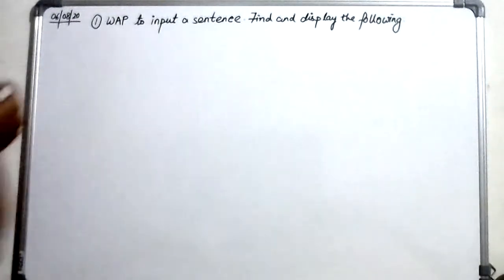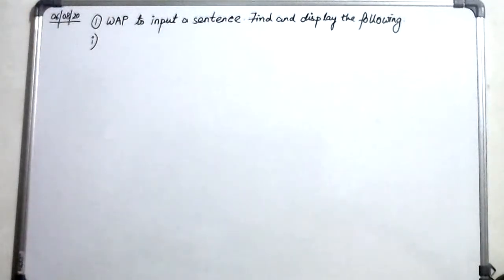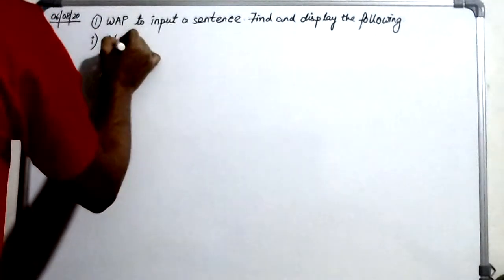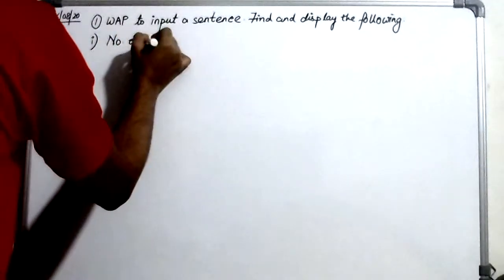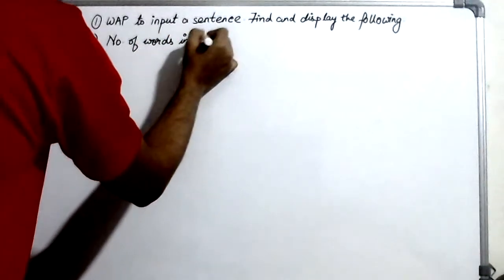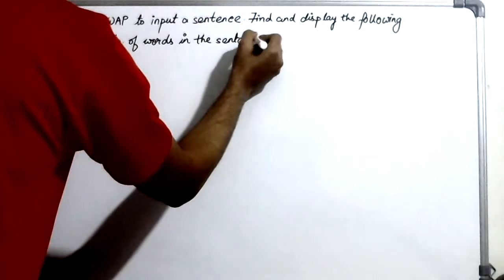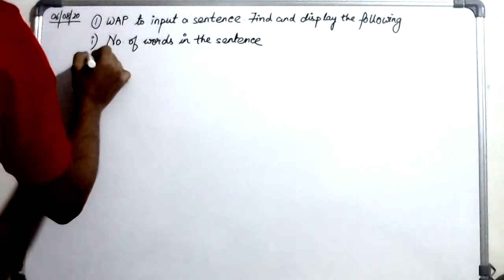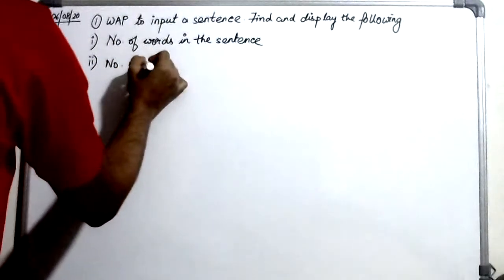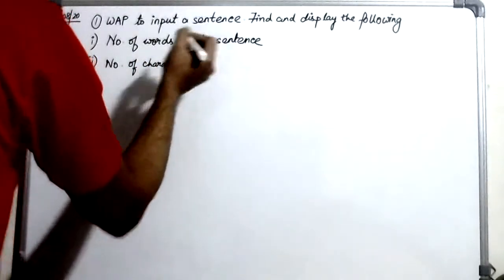So the first thing that we need to find and display is the number of words present in the sentence. So the number of words in the sentence. And the second thing that we are going to find and display is the number of letters.